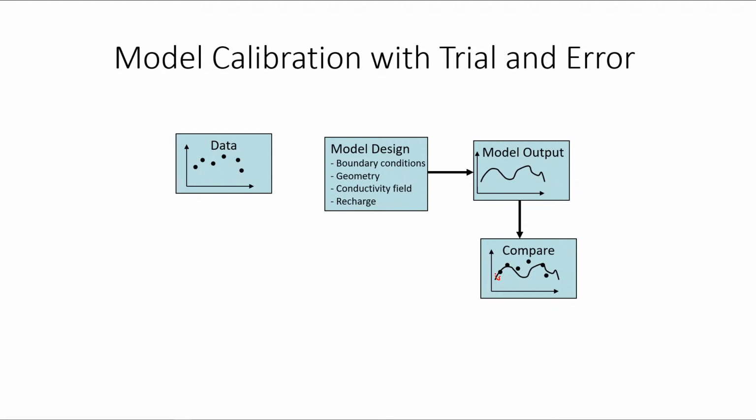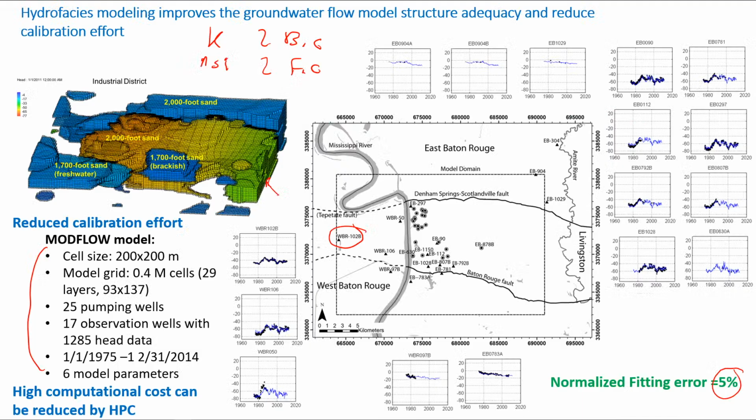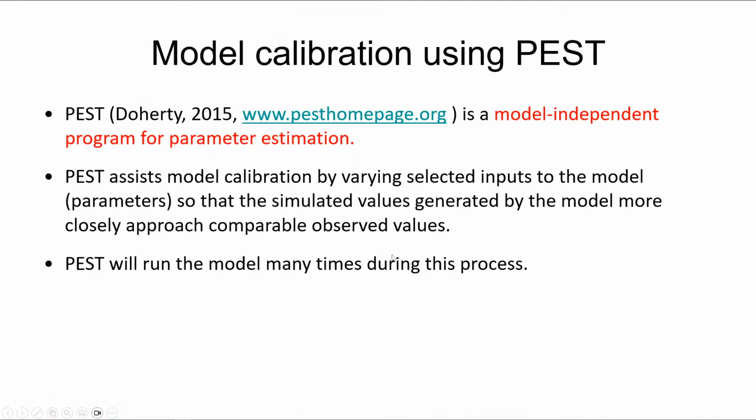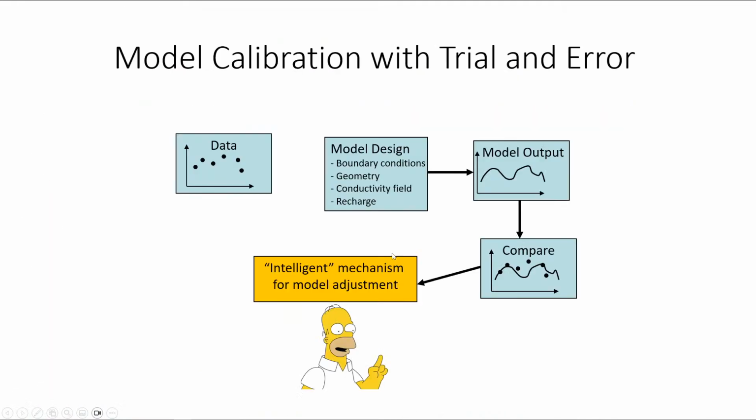You see here this point is good, this point is good, this point has some error, this point is good, and this point has some error. So you compute these errors, and I will show you how to do this in a minute, like this normalized fitting error I got here. Then you can say, okay, to change this, maybe I will change my hydraulic conductivity field, how it looks, or the values of my differences.